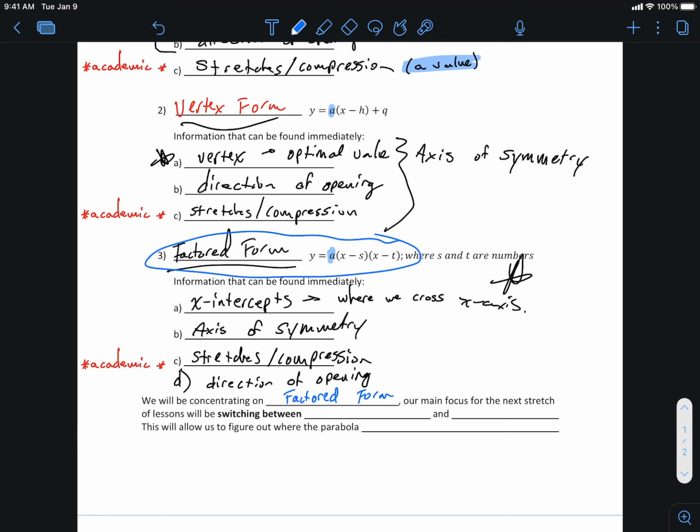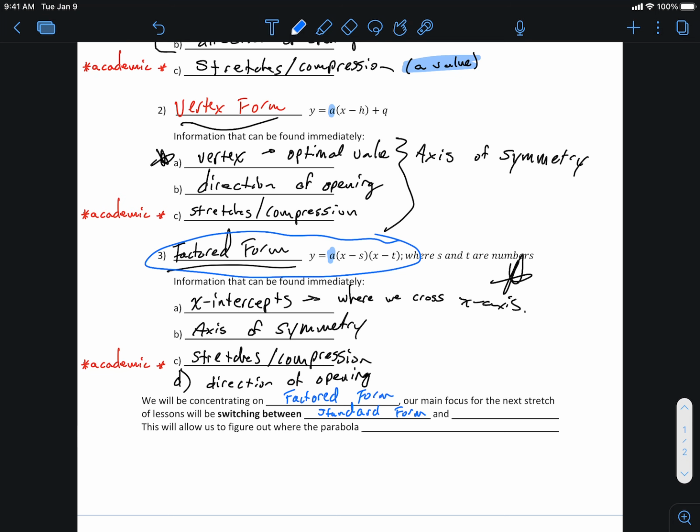Our main focus for the next stretch of lessons will be switching between standard form and factored form. I'll give you the equation in standard form, and then we want to switch it because standard form doesn't tell us anything about the x-intercepts.